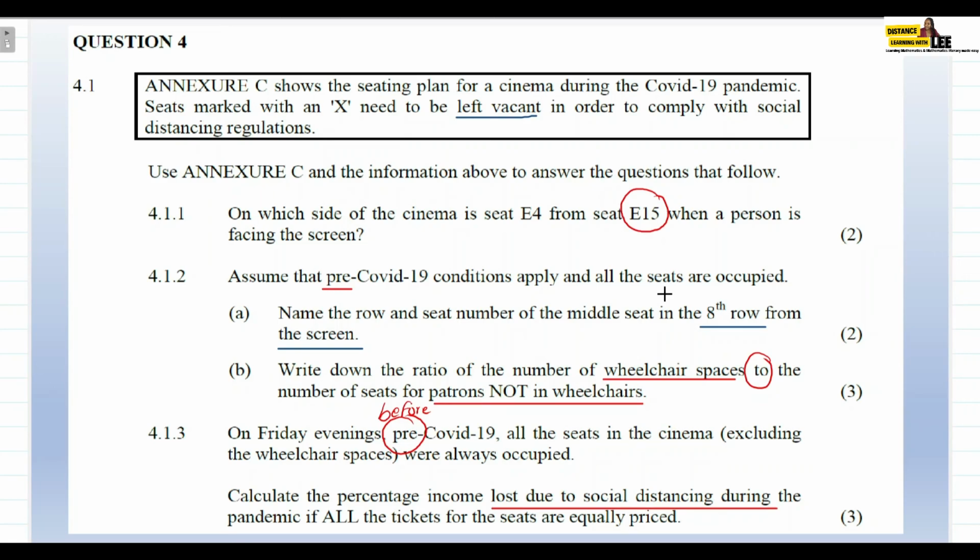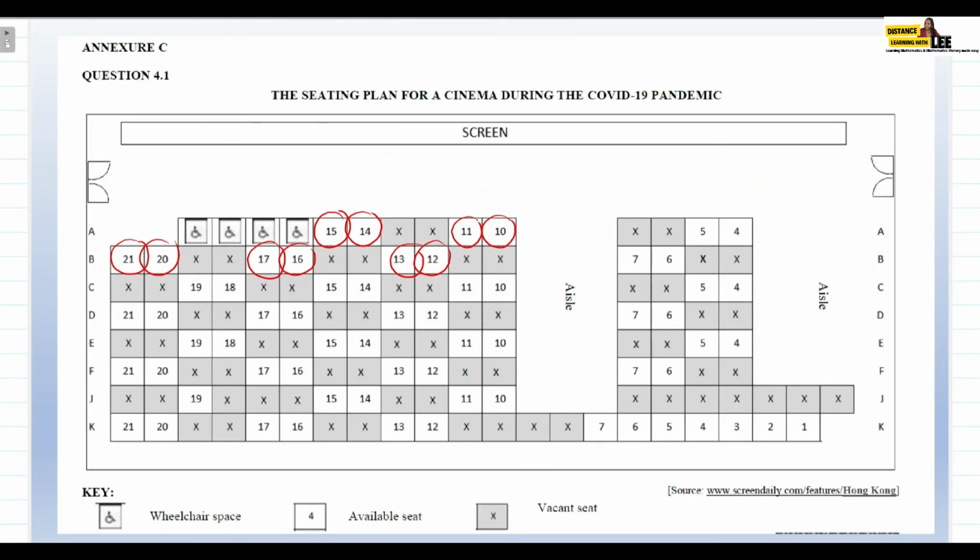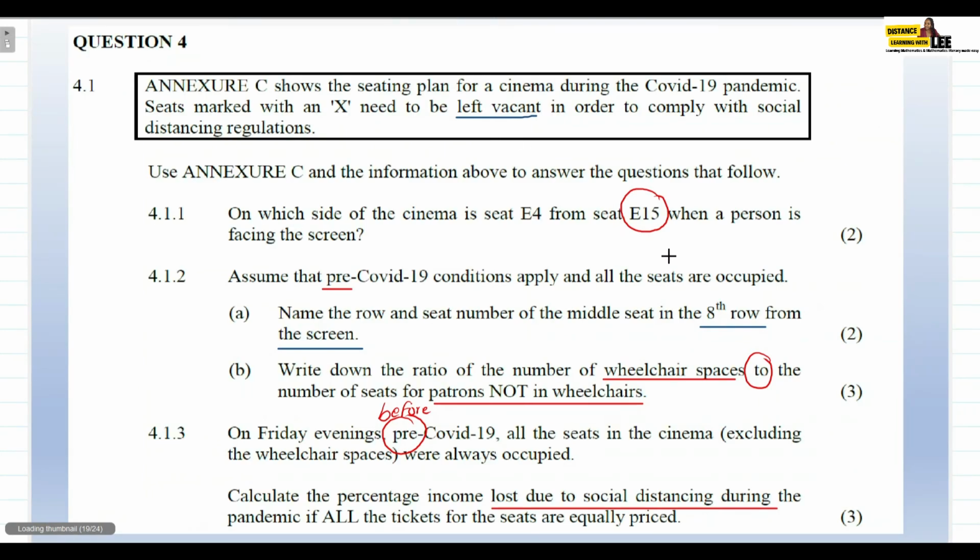What is our starting point? You can't just go from E14 to E15, because another person might just say, oh, they say E4 from E15, and then they look at the wrong point, and that would be incorrect. So you need to be aware of what your reference point is. And in this case, if they say from something, then your reference point is that value that comes after your from.